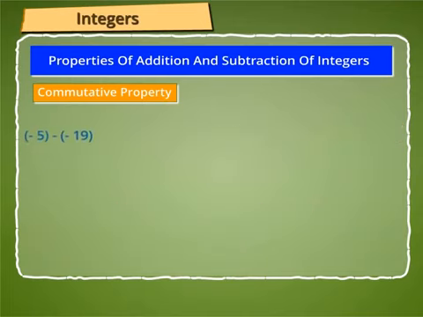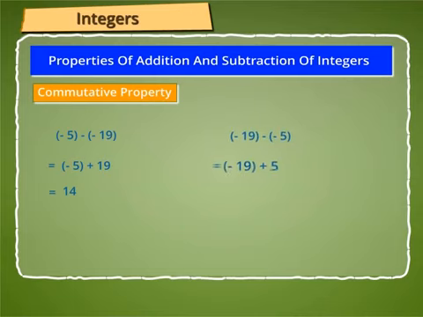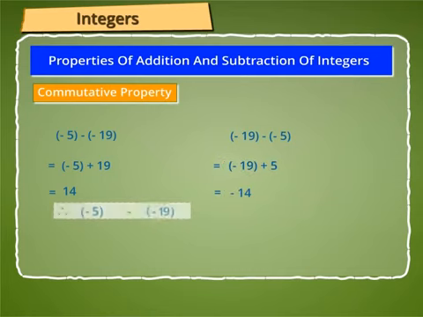Again, minus 5 minus minus 19 is equal to minus 5 plus 19 is equal to 14 and minus 19 minus minus 5 is equal to minus 19 plus 5 is equal to minus 14.